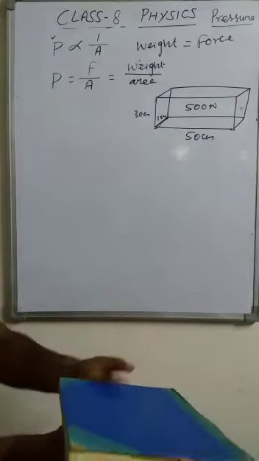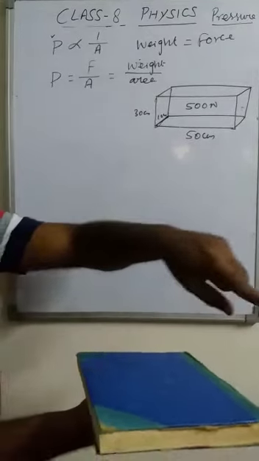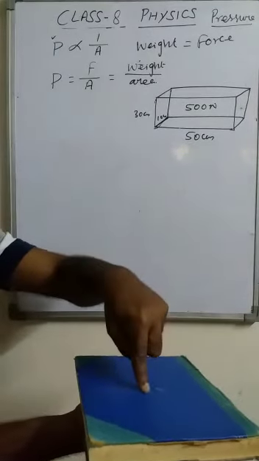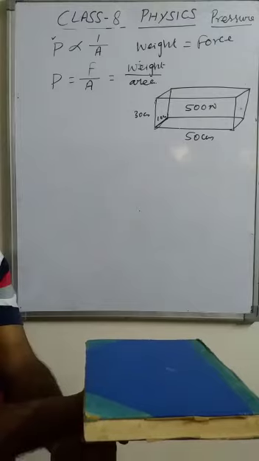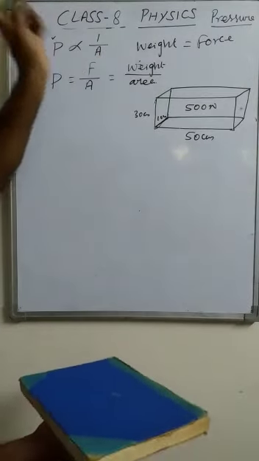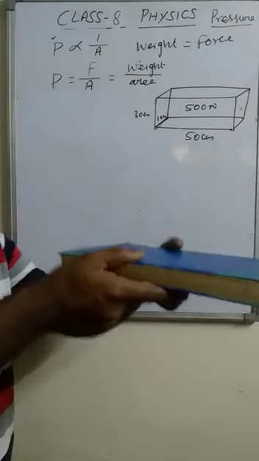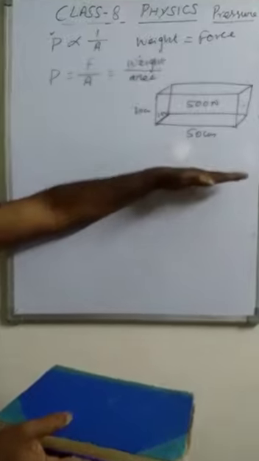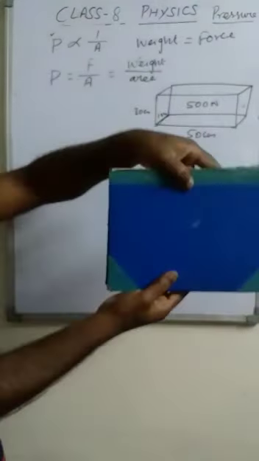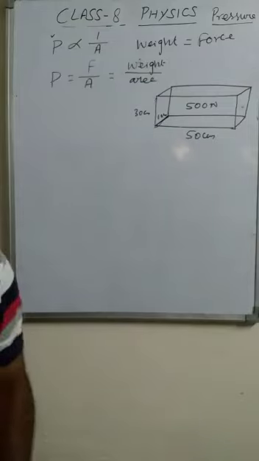So if we change the orientation, the surface area of this object in contact with the ground changes. When the surface area changes, the pressure developed also changes. That's why if the same object is placed on the same surface in three different orientations, the pressure developed also changes.